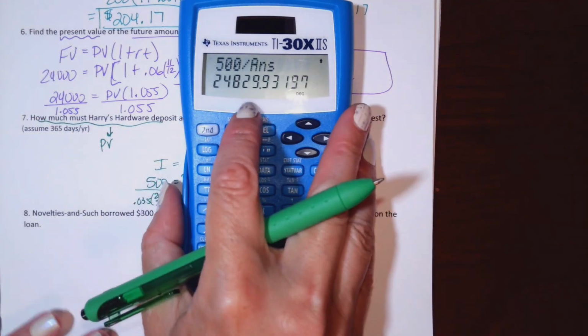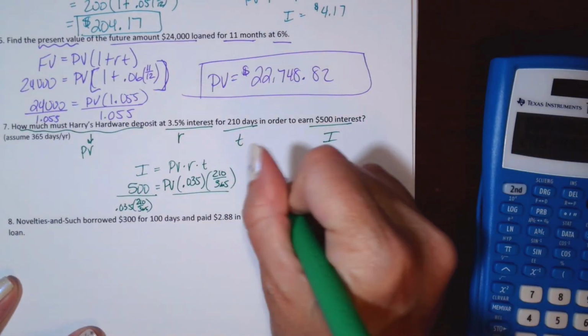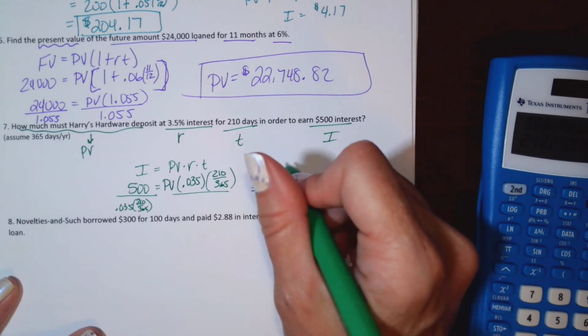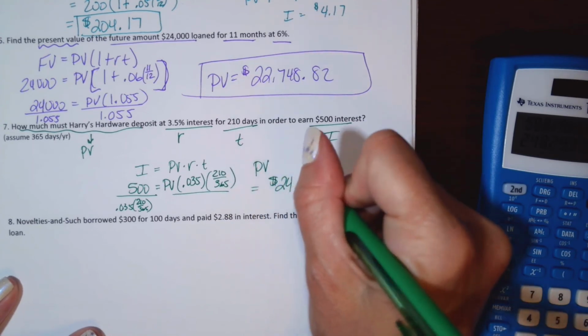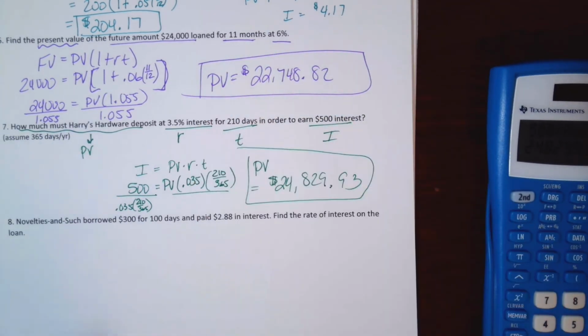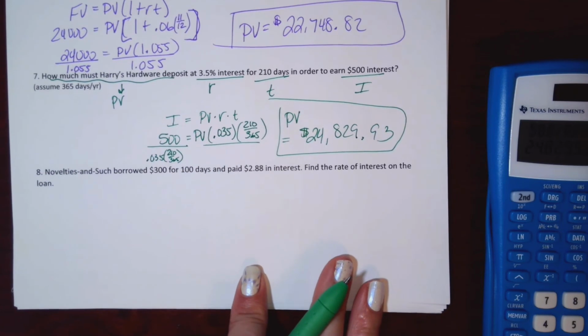And it gives what needs to be invested now to earn $500 interest that quickly. So the present value that Harry needs to, or that business needs to invest now, is $24,829.93, if we're going to earn $500 interest that quickly at that rate.